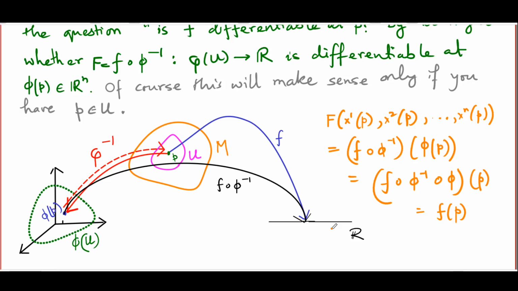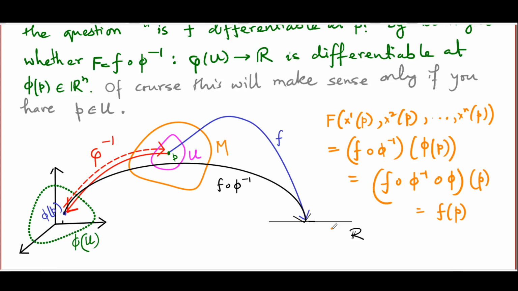So what we have managed to do is replace a problem which we did not know how to handle, the question of differentiability of a function small f on the set M, with a question that we can handle, the question of differentiability of the so-called proxy function, which acts on an open subset of Rn and takes you to R.